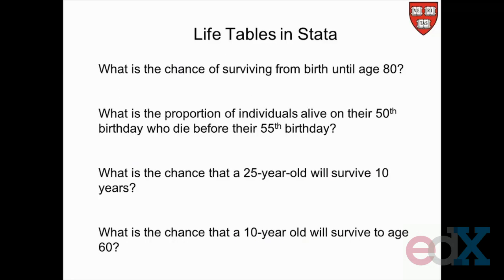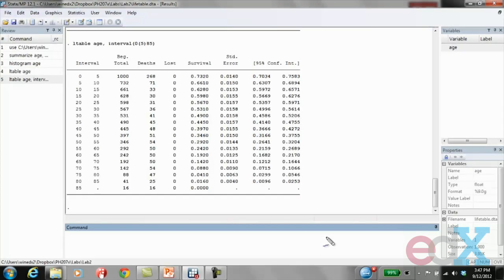Now the next question we want to ask is, what is the chance that a 25-year-old will survive 10 years? So first off, we have to find out how many people were alive at age 25 or longer. So again, we look at this row here. We see that 567 people made it to at least age 25. So out of those 567 people, how many survived 10 years? 25 plus 10 is 35.